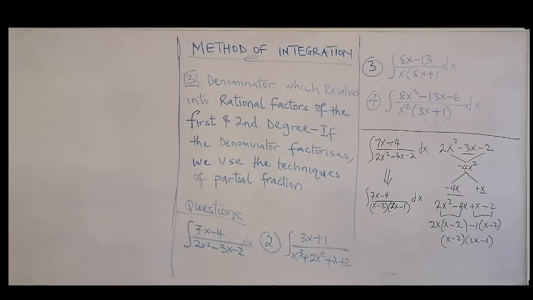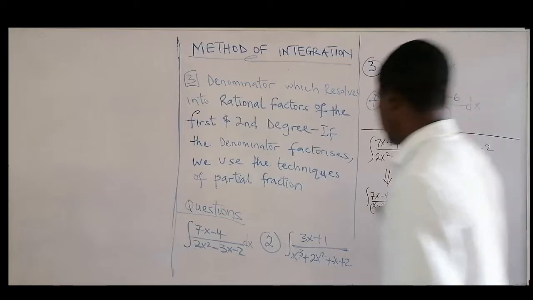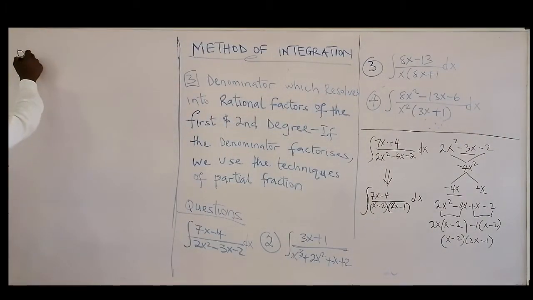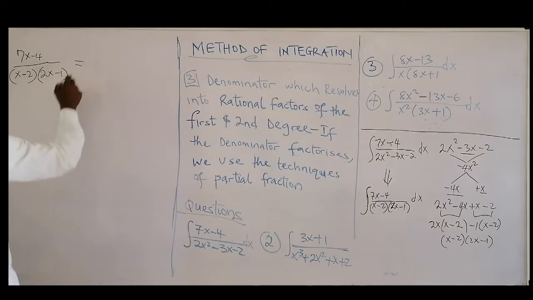What I'm going to do now is take out the content of the integral. I have 7x minus 4 all over x minus 2 into brackets 2x minus 1. If you check, you can see these are linear factors.